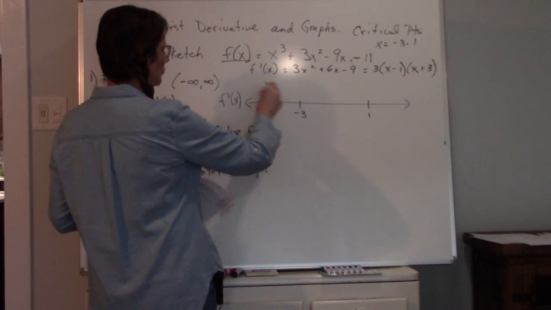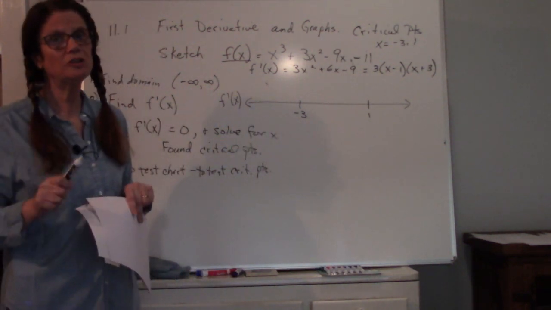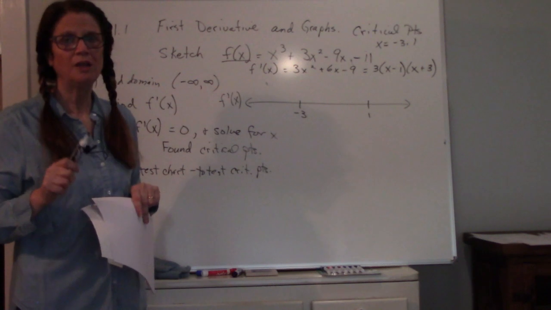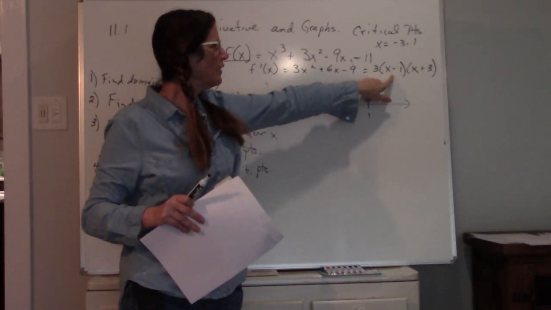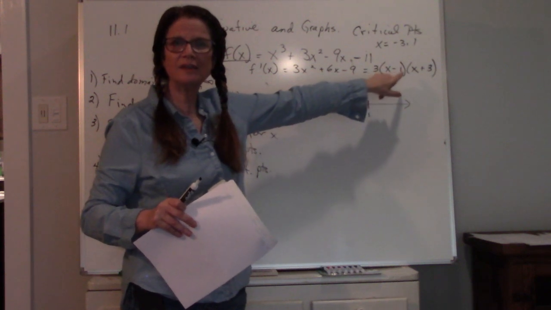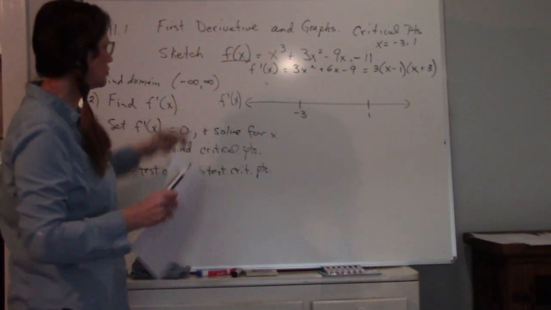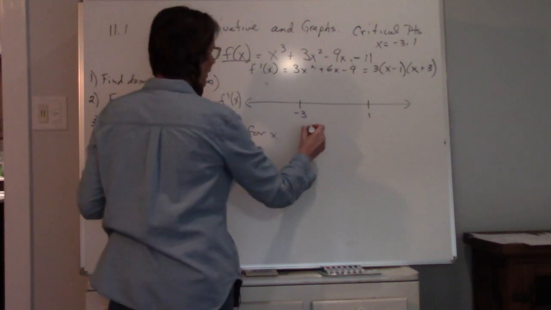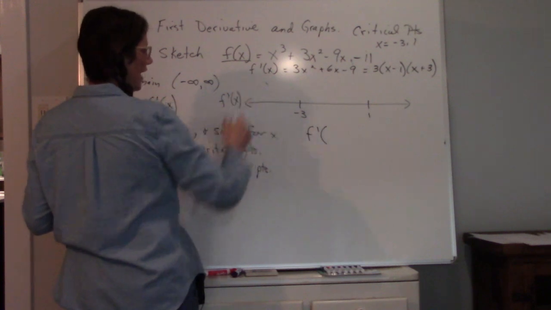This interval is between -∞ up to -3. It does not include -3. That's important, because remember, when we did our factoring, we found out that at -3 is where my slope goes to 0.